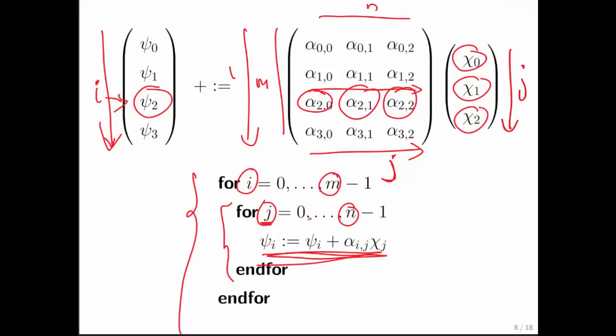Now let's look at this a little bit differently. Notice that we just talked about the fact that we can think of the individual elements of y being computed as dot products of rows of A with the vector x, except we're accumulating, we're adding to. What we could do is simply create a symbol that denotes this entire row.